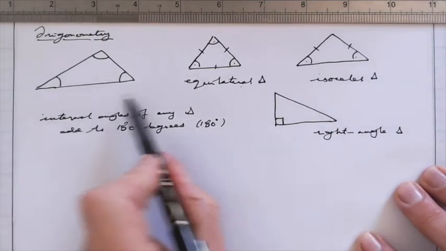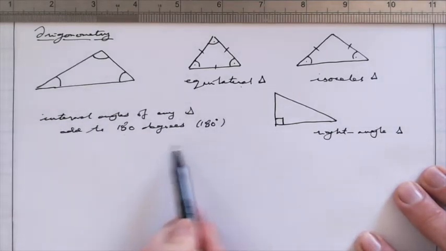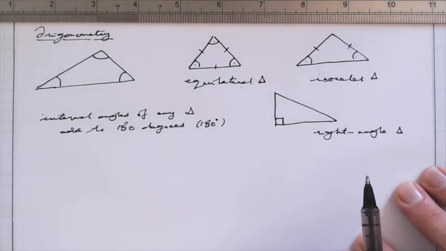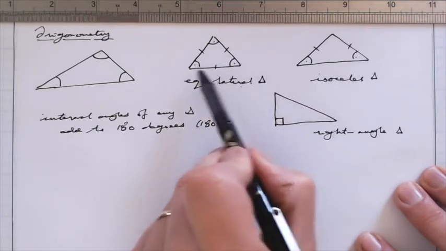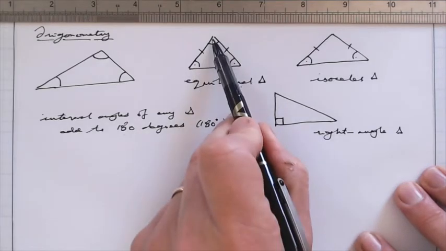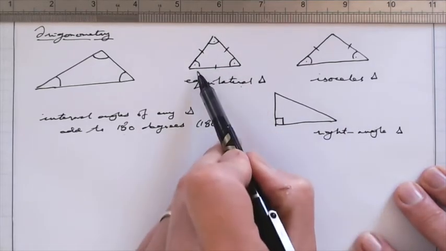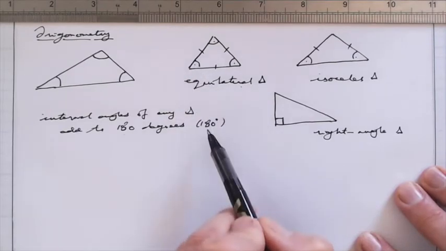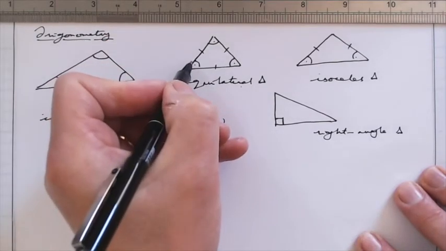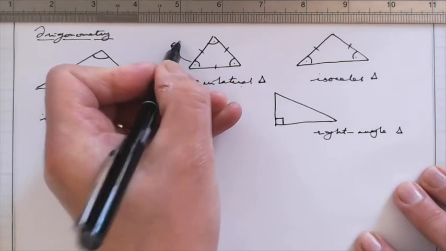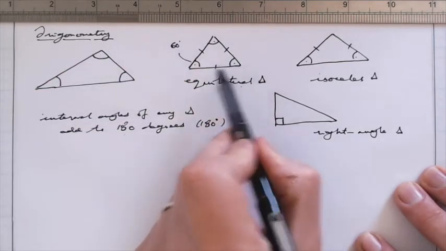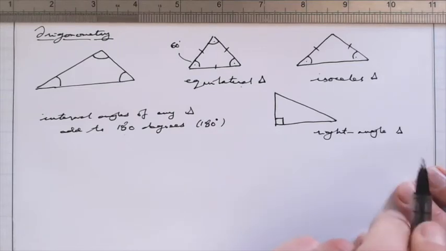And that's a very important and useful rule about triangles. Immediately it tells you that in the equilateral triangle, because all three angles are the same, each angle is 180 degrees divided by 3, which is 60 degrees. So in an equilateral triangle, each angle is 60 degrees.